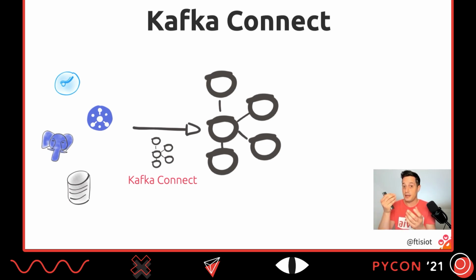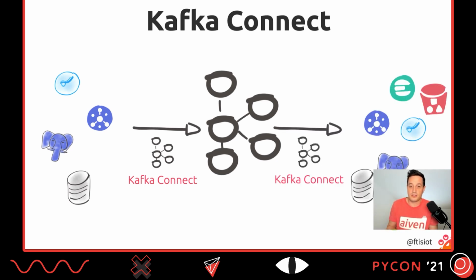I have data in a Kafka topic, and my users are using BigQuery, Elasticsearch, Postgres. I can take the data from a Kafka topic and with Kafka Connect push several copies of the topic data to a lot of data sinks. Do I want another copy for long-term storage in S3?